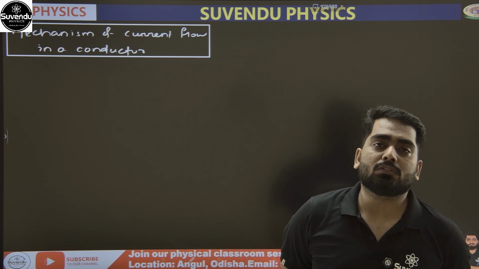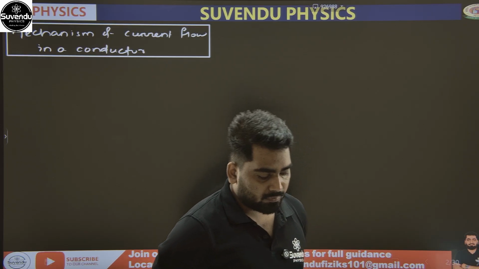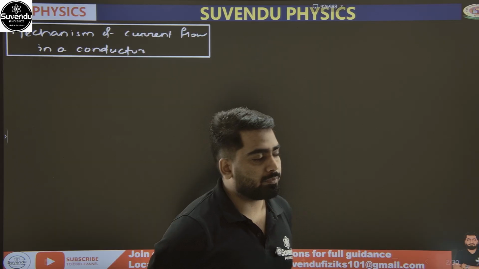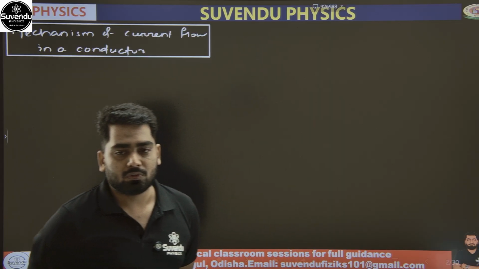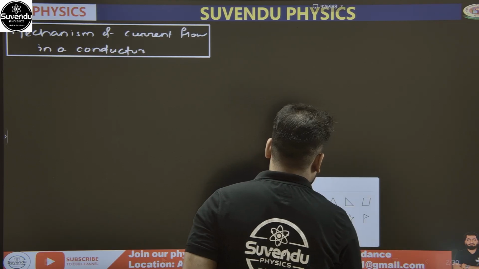But when two ends of the conductor are connected with a battery or cell, the current value will not be equal to 0. So I is equal to 0 and I not equal to 0. What's the reason, and what's the concept actually?